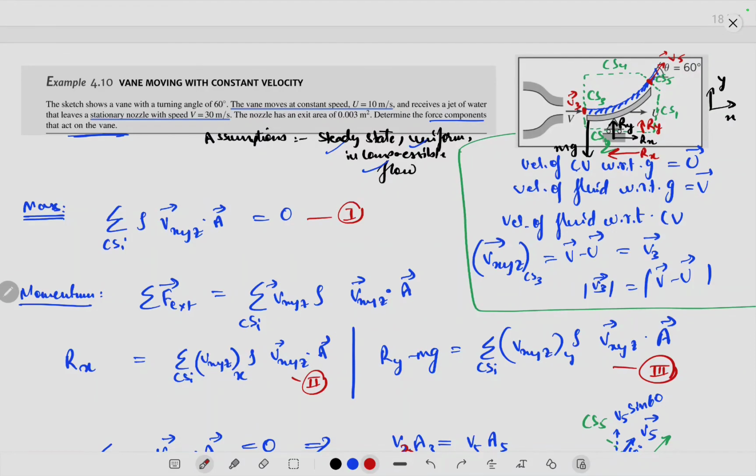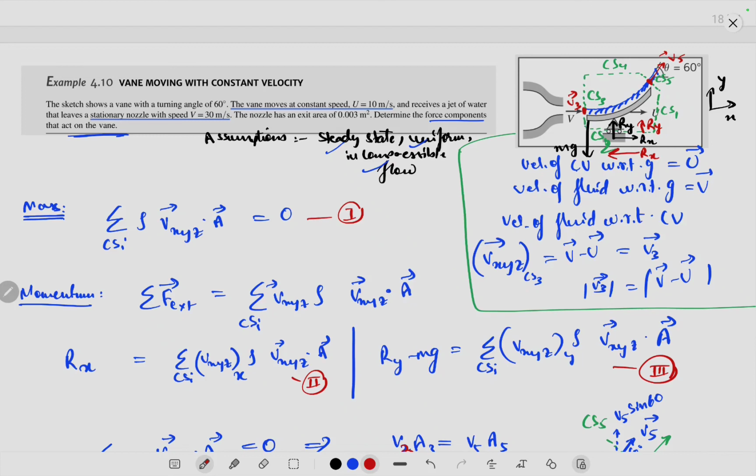Reynolds transport theorem is for a control volume which is either stationary or moving with constant velocity. Or we can also say that if the control volume is an inertial reference frame, then we can use the Reynolds transport theorem equations to find various unknown quantities.